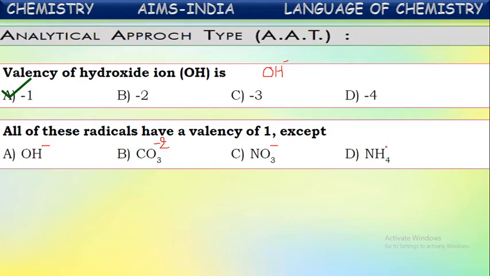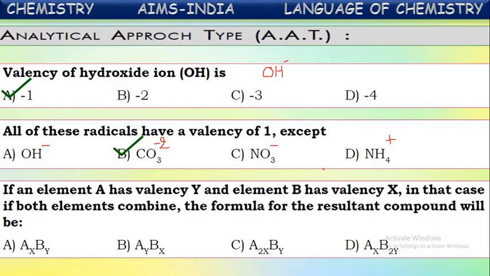Ammonium ion valence is plus 1. Now, only one ion is having valency 2 here. For the remaining all, valency is 1. What is that ion with valency 2 here? Carbonate ion. Carbonate ion valence is 2.